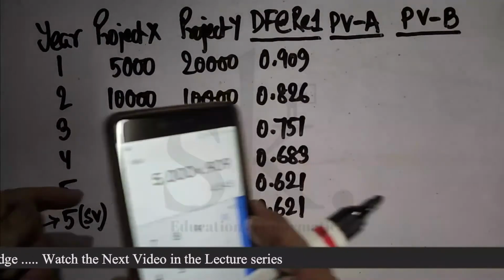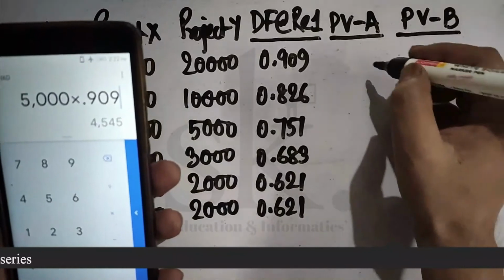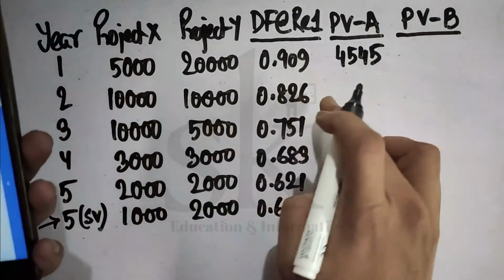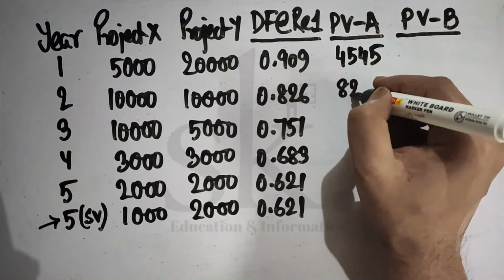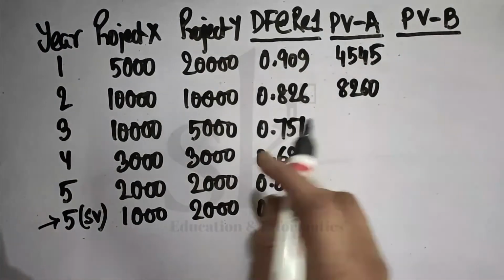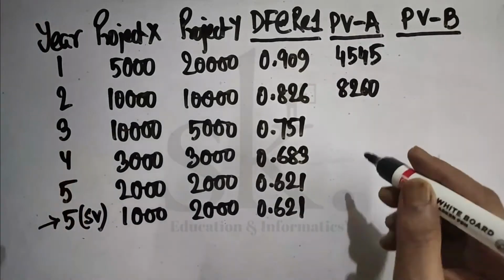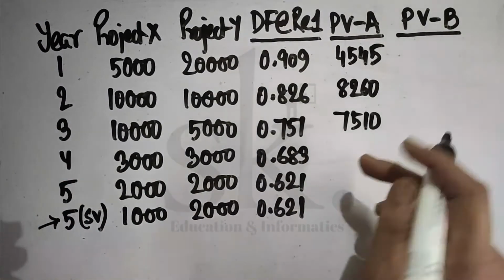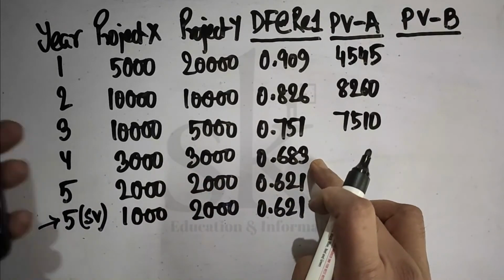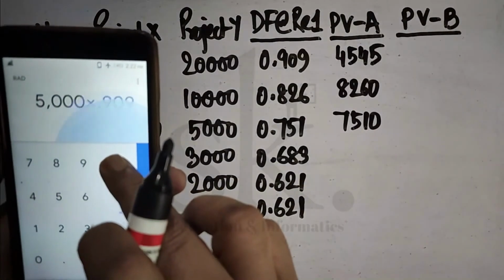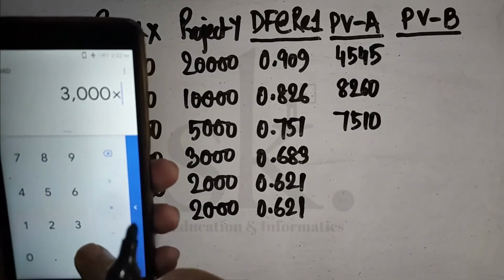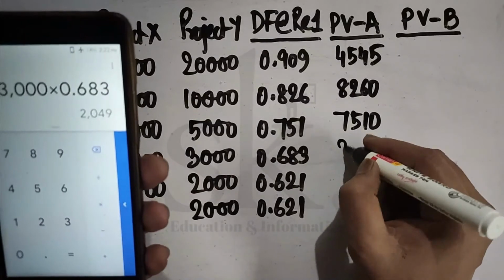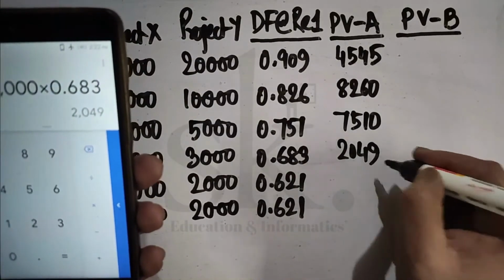We are getting it as 4,545. For the next year, 10,000 into 0.826, so it will be 8,260. For the third, 10,000 into 0.751, so we are getting 7,510. Now 3,000 into 0.683, we are getting 2,049.